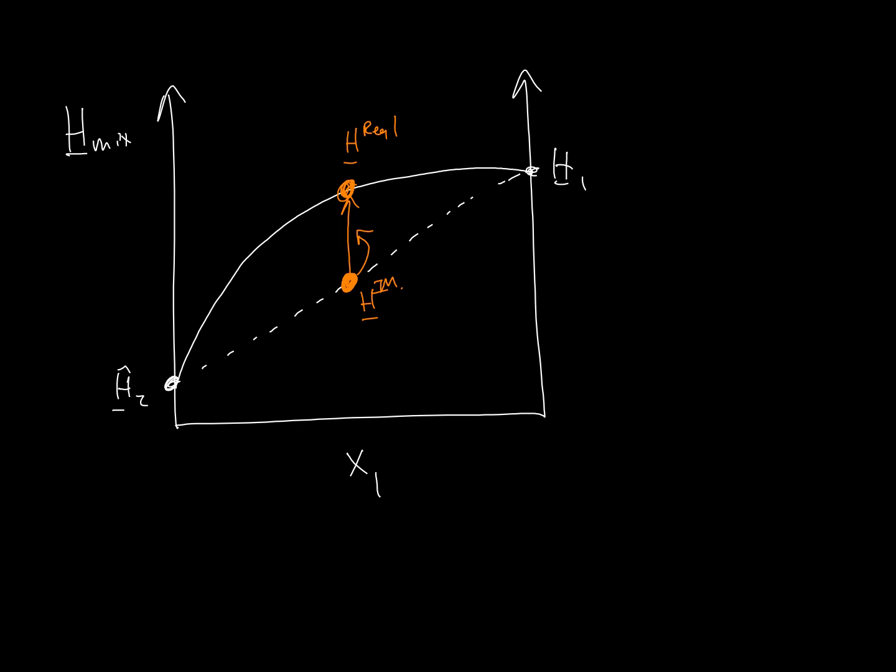So again, this is intended to be a bit of a plug and chug problem, noting that the delta G of mixing has exactly the same form as all the other delta G's, which is delta H of mix minus T delta S of mixing.